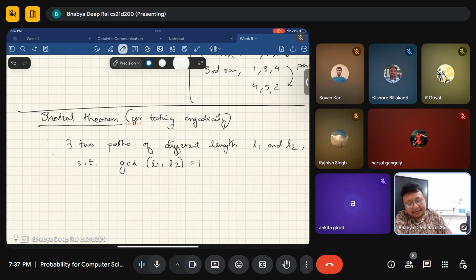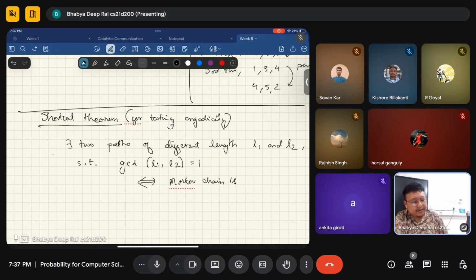So this is actually a stronger statement. If and only if, the Markov chain is ergodic. So all you need to do is look for two paths of different lengths, L1 and L2.